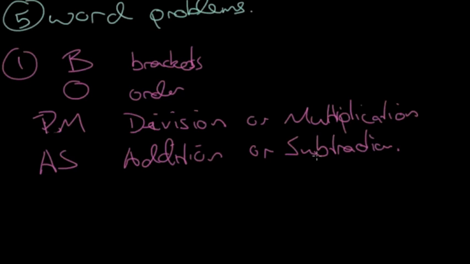But what does it all mean? Well, let's look at an example, an equation. So we've got 4 times (1 plus 1) squared plus 2 equals x. And we want to find out what x is.